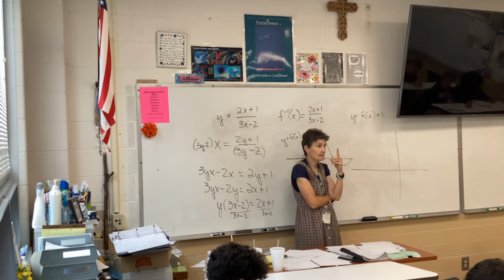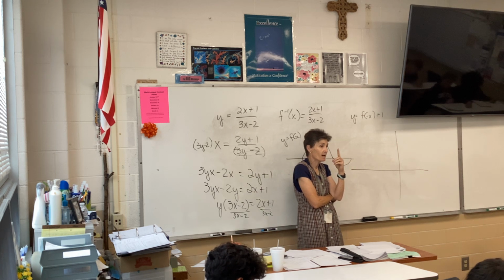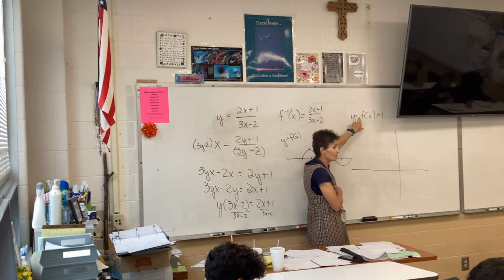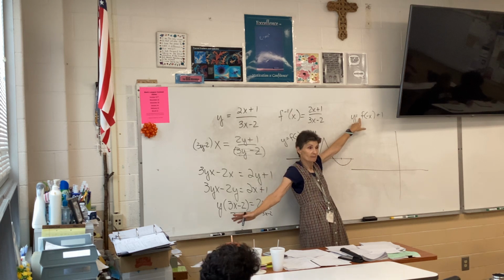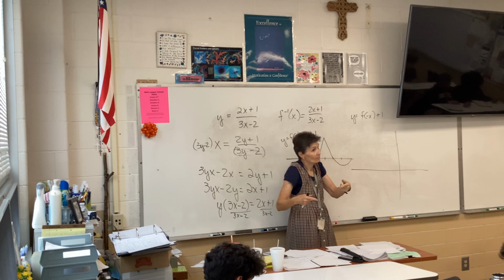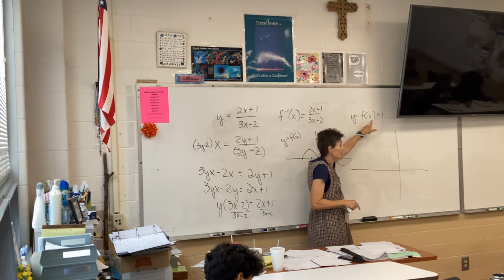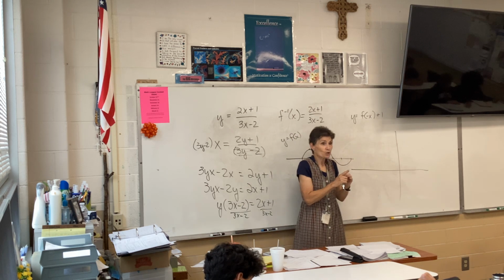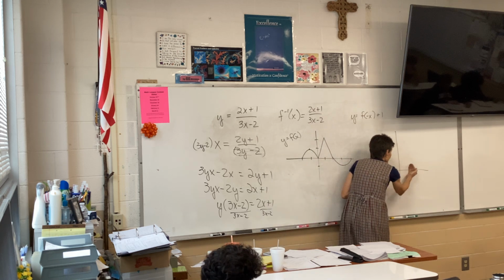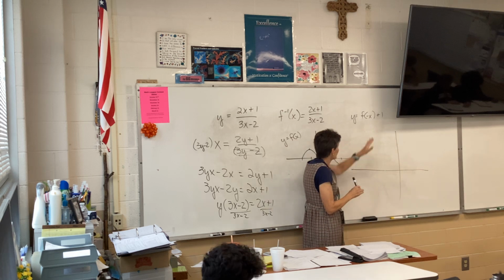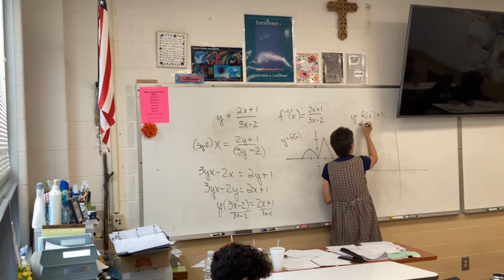Where is the negative if it's going to go upside down? Out here. The negative out in front is upside down. A negative inside changes the sign on x, which moves you from positive to negative, negative to positive, sideways. So this is going to be a sideways flip.